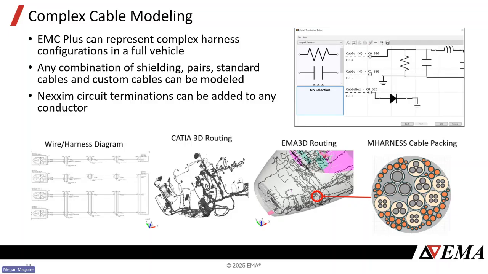And then finally, there's also the option for Nexum circuit terminations, so you can have complex circuit terminations for your cables. And at the bottom, this is just an example of how you can start with a wire harness diagram with the CATIA 3D modeling, and then have your center line representation within your model here with this cross-section in M-harness. So in the model itself, it looks like a line, but M-harness allows for very complex cross-sections within that harness.